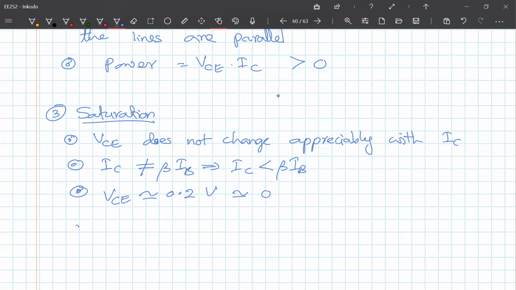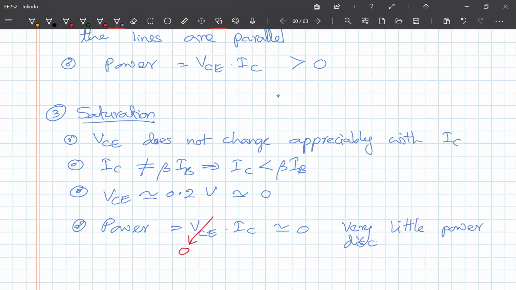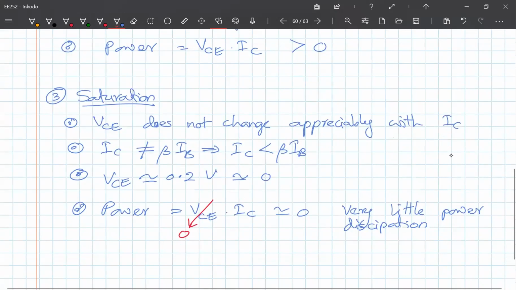So therefore, the power, which is equal to VCE times IC, but since VCE is roughly equal to 0, this is very small, very little power dissipation. Okay.